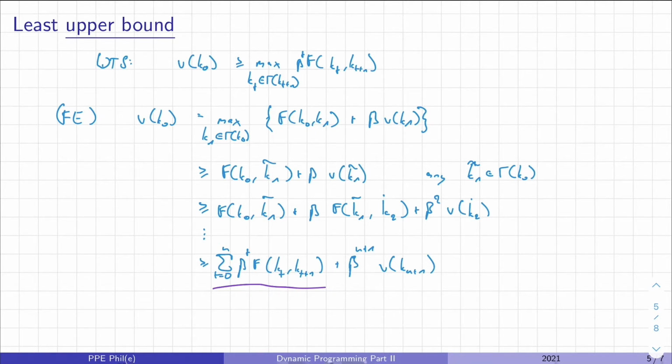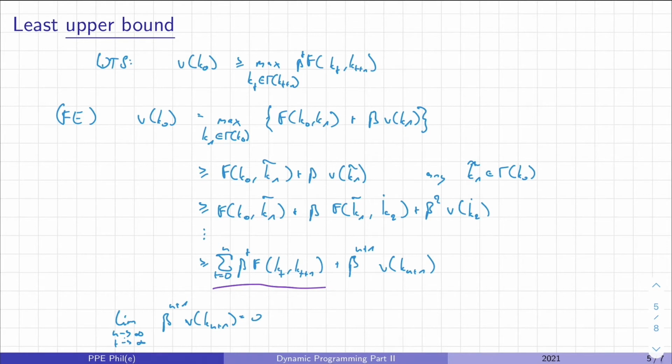So if we continue doing this an infinite number of times, infinitely far into the future, for n going to infinity, which is the same as t going to infinity, this must be equal to 0.